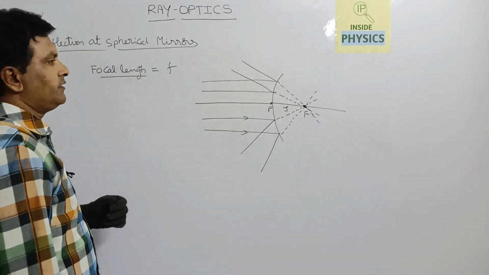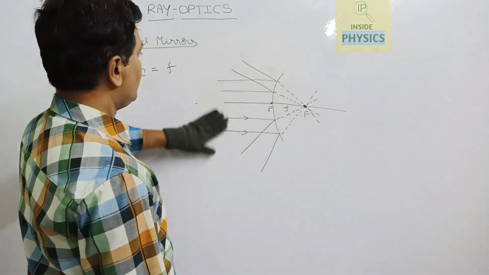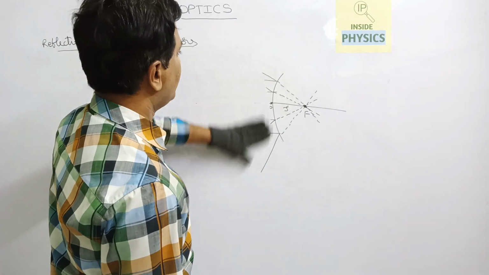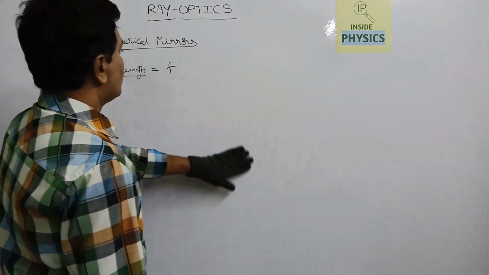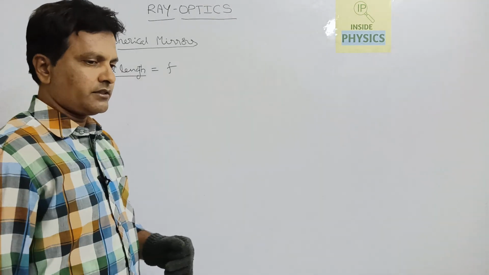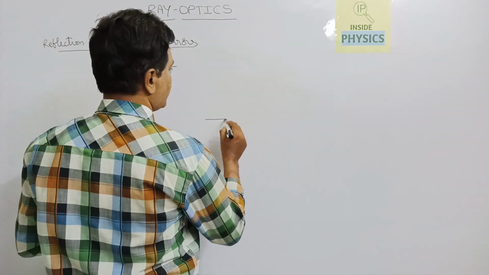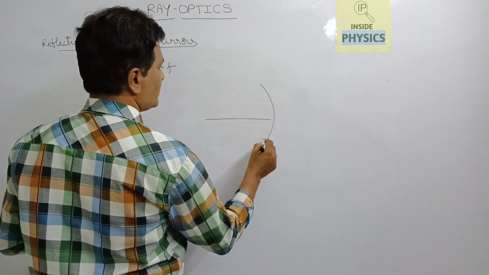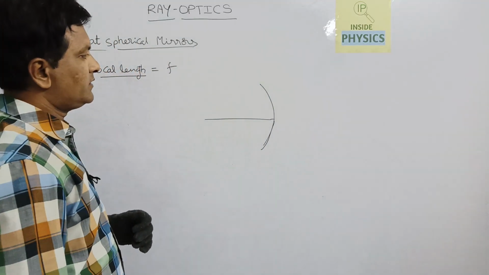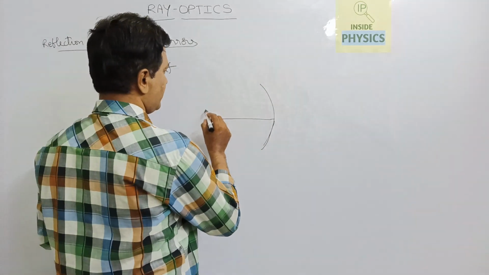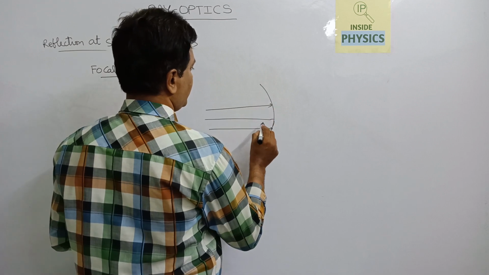So this is the definition of focus in the case of convex and concave mirrors. See, all the rays coming parallel to the principal axis are not exactly parallel with the principal axis.